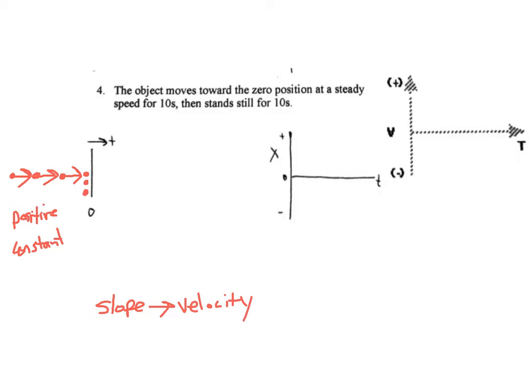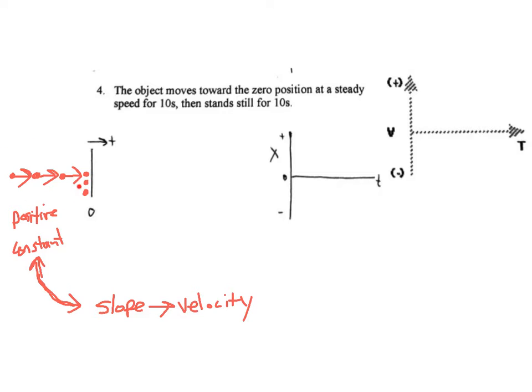Now, I'm going to add this to it. However we describe the arrows in our motion map, that's how we describe the slope of our line, which is how we describe the velocity. So I hope what you're seeing here is this.